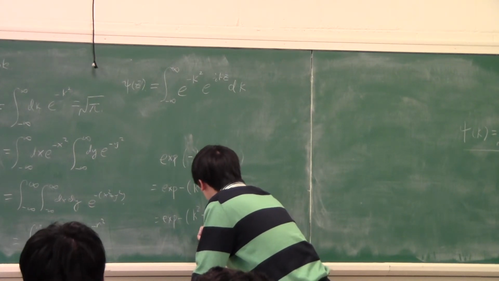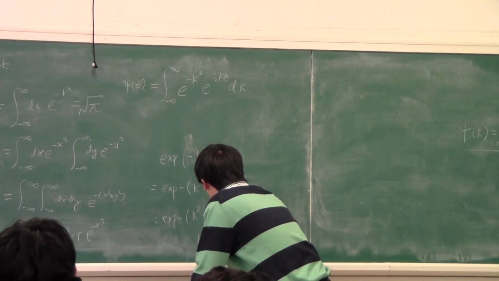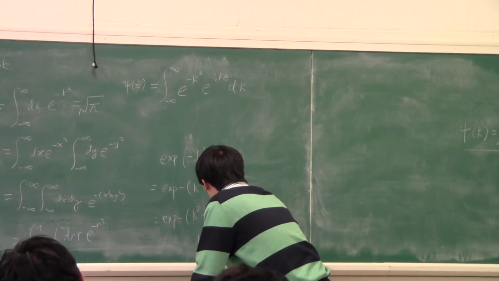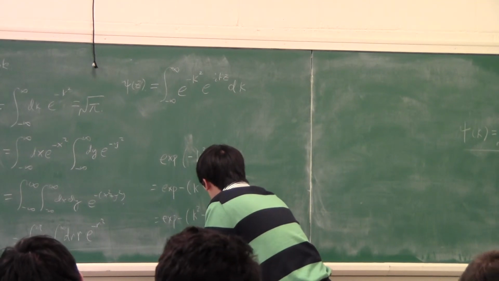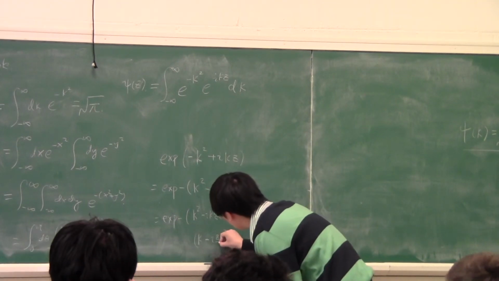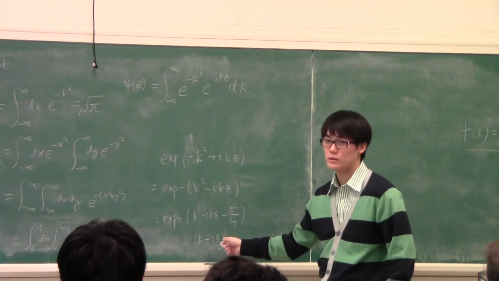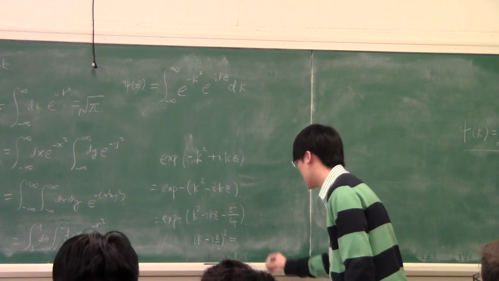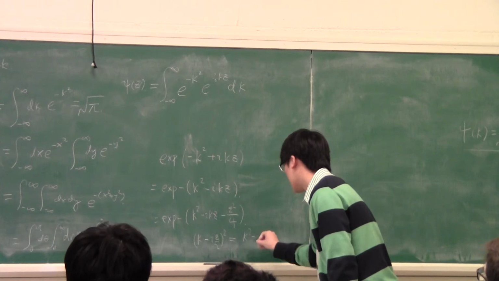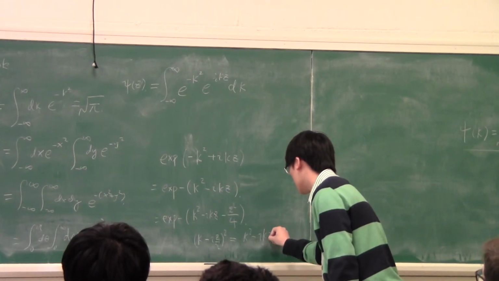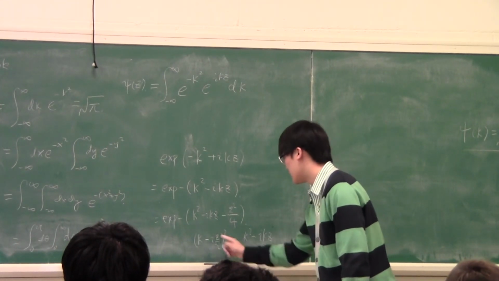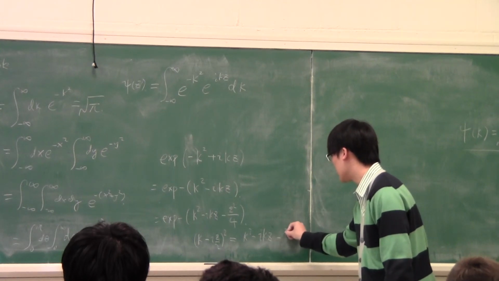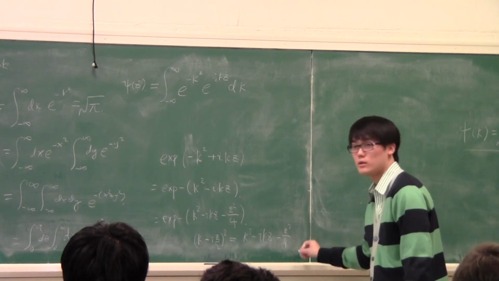If I computed the square of this term, what would I get? I would get k squared minus i k z, right? And then I would have a minus z squared over 4, right?